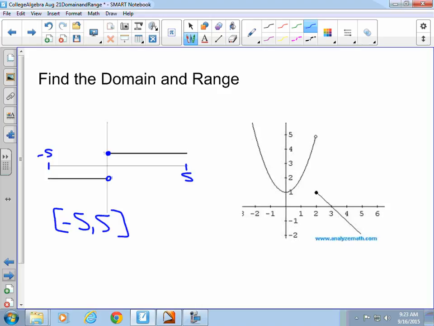Since I just had to get these graphs off Google, I didn't have arrows on them. Good question. Since there's not an open circle here, I'm going to assume that it gets there, but I am making an assumption. You will never be tested over that.